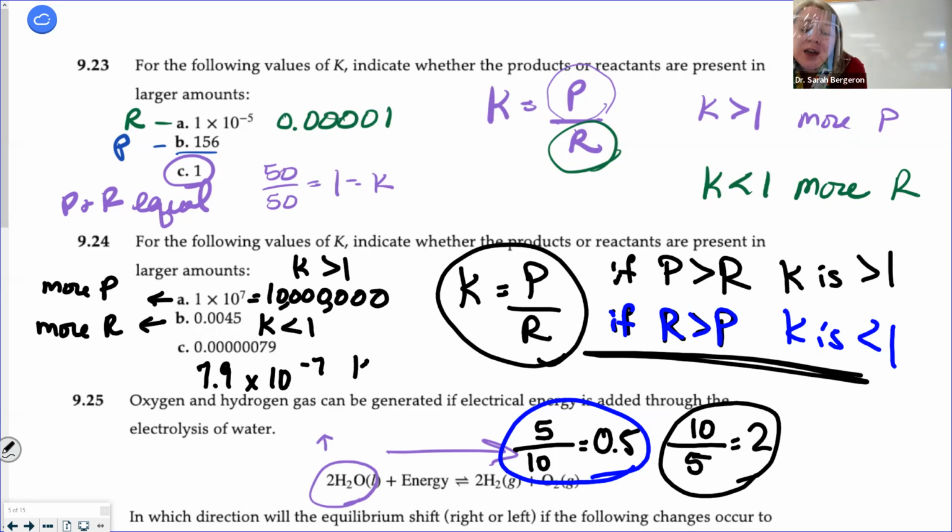So here, K is, again, less than 1. So sometimes you'll see it typed out, and sometimes you'll have to evaluate it in scientific notation. So you have to be able to go back and forth, right? So if K is less than 1, what do we have more of? More reactants. Okay? Practice, practice, practice.